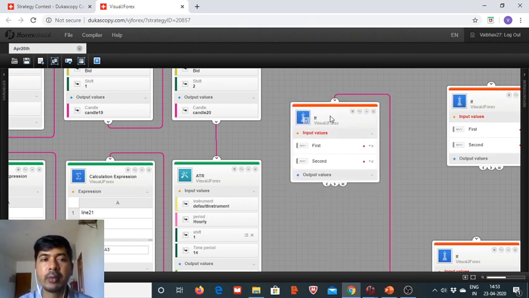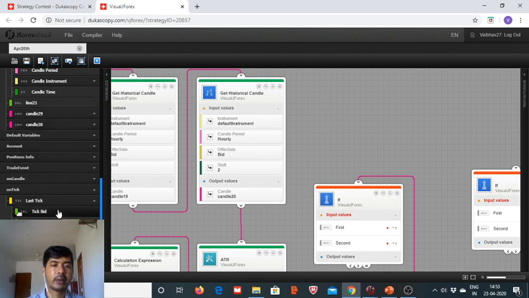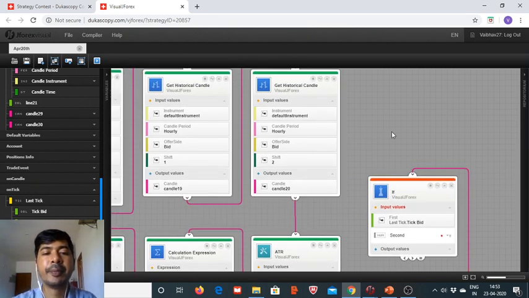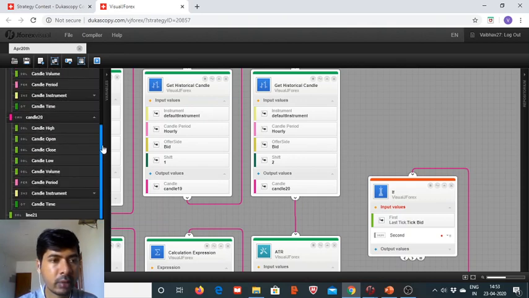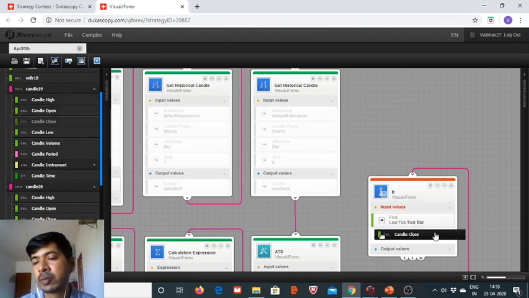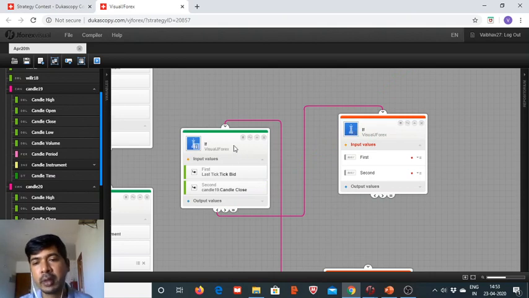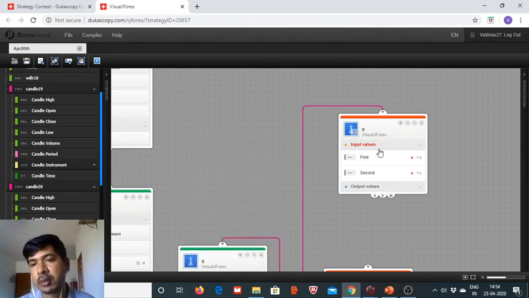Okay, and we go to the candle 19 and we take the last tick bid, and then we compare it to the candle 19's closing levels, and we want it to be less. Okay, so it is going to be less, and comes the trigger point.